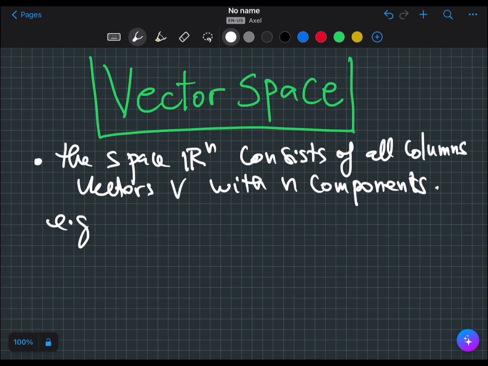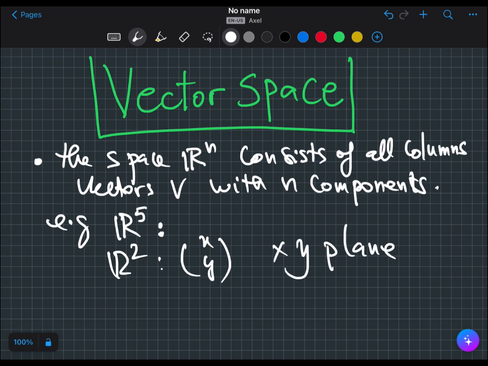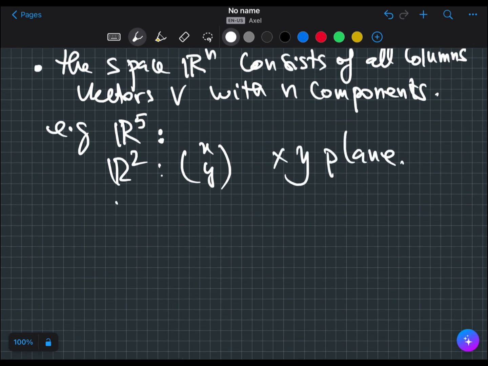For instance, R5 is a space containing all column vectors having 5 components, that is a 5-dimensional space. So R2 will be something like xy, which is defined in an xy plane, right? And R3 will look like this, right? R3 consists of all column vectors with 3 components, and it is called a 3-dimensional space.